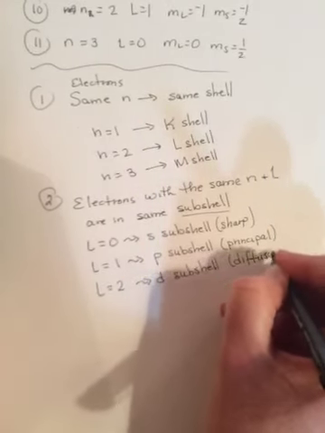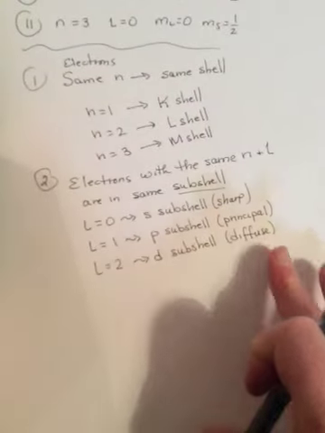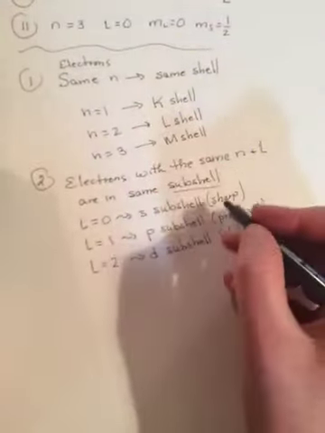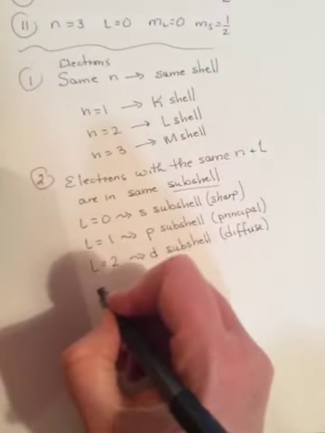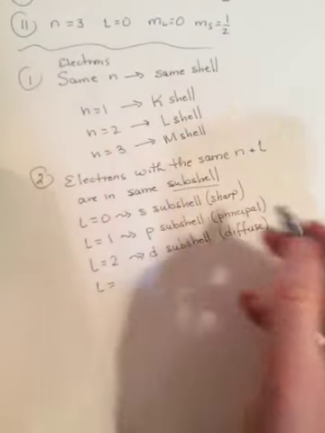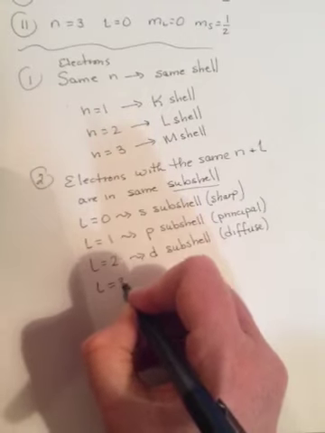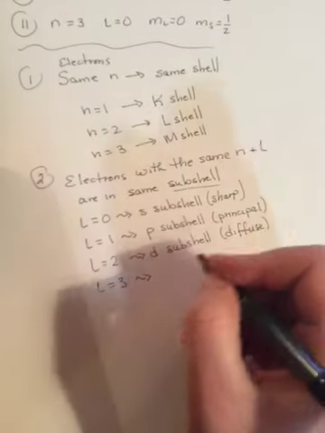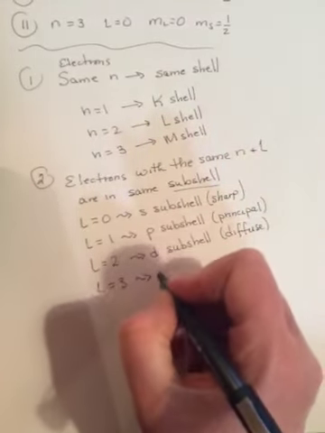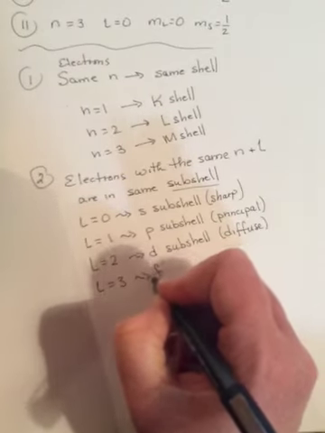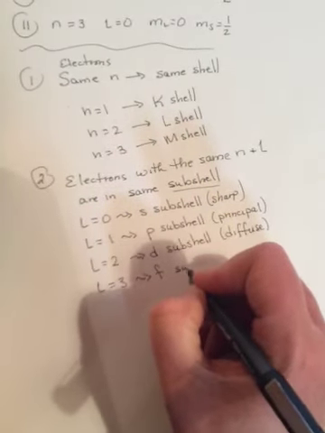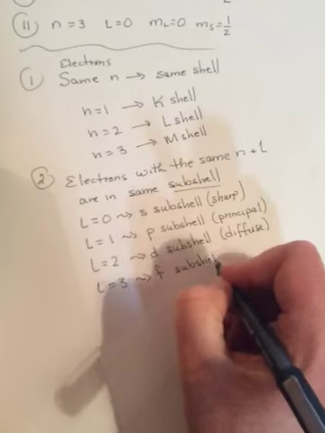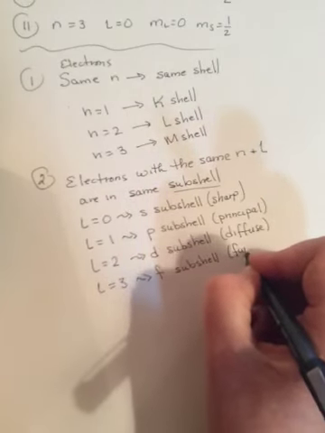So in case you ever wondered where these SPDFs come from: the KLM are in order, but the SPDF are names, and I think they're probably from the lines in the spectra. I'm kind of making that up, but I think I might remember it. And then L equals 3 is the F subshell, and F stands for fundamental.